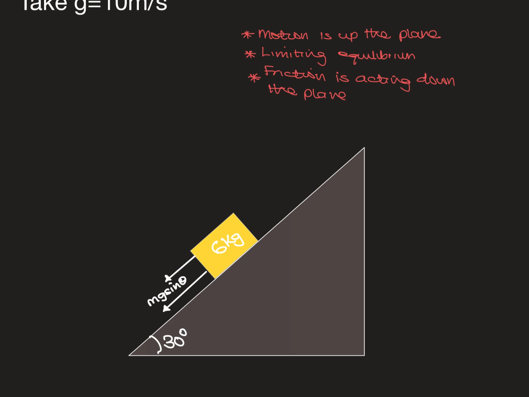Okay, so we're going to have friction acting down the plane. We want to find the magnitude of the applied force P that will just move the body up the plane. We have the normal reaction R that is perpendicular to the plane, and we have the weight of the body that is coming vertically downwards.